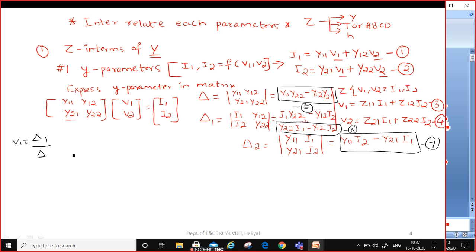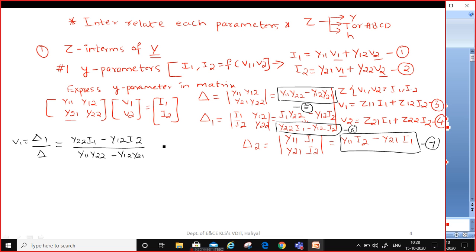See, delta 1 divided by delta is there. Delta 1 we have already defined. What is that delta 1? Here we have y22 I1 minus y12 I2, whole divided by delta. Let me write delta for the first one: that is y11 y22 minus y12 into y21.